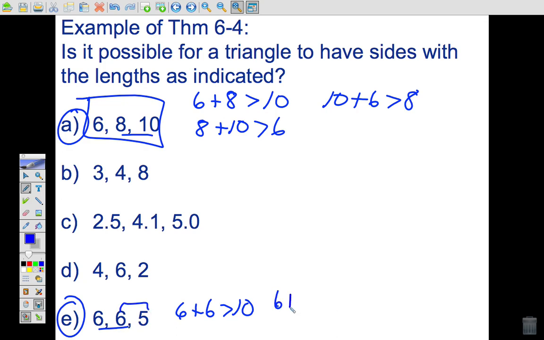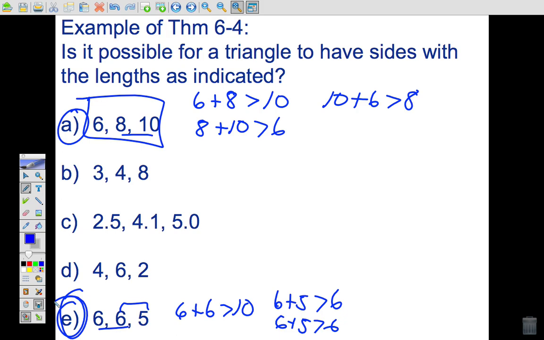Is 6 plus 5 greater than the third side, 6? It is. Okay, so I've used the 6 and a 6, I use 6 and a 5. Another one would be using the other 6. So it looks like this is going to be a triangle, right? So this is a triangle because the sum of every two sides is greater than the third side.